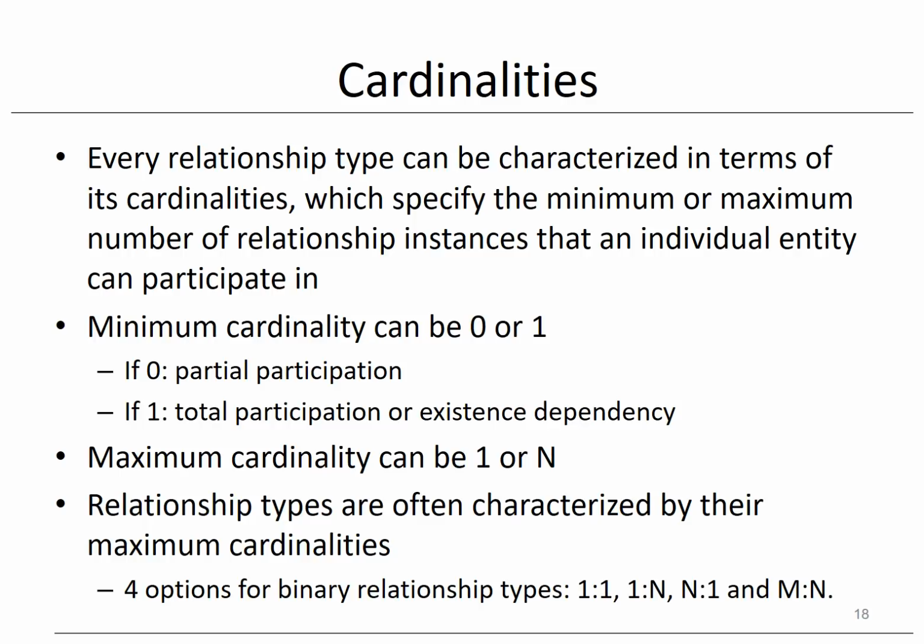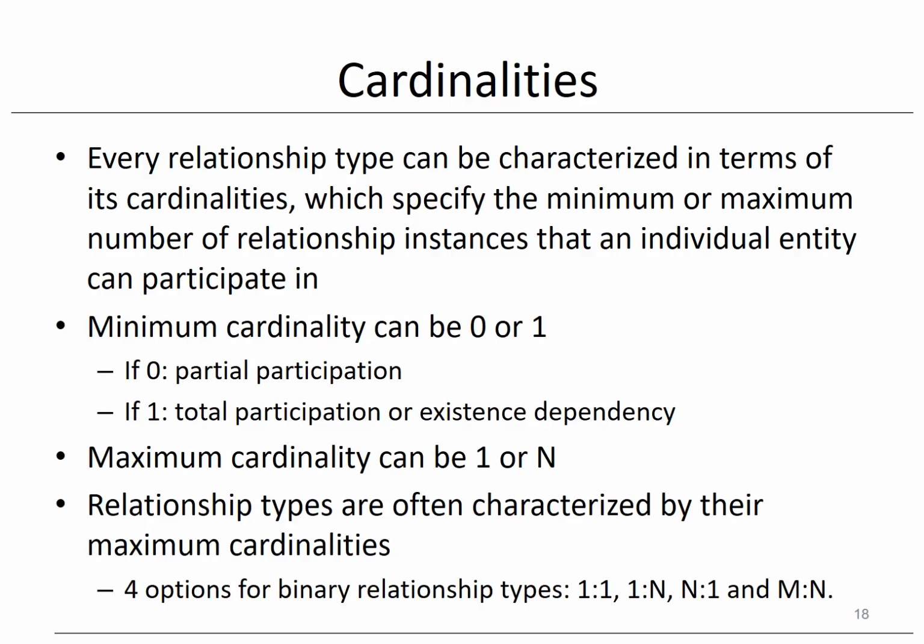If the minimum cardinality is 1, an entity must always be connected to at least one other entity through an instance of the relationship type. This is referred to as total participation or existence dependency, since all entities need to participate in the relationship, or in other words, the existence of the entity depends upon the existence of another.